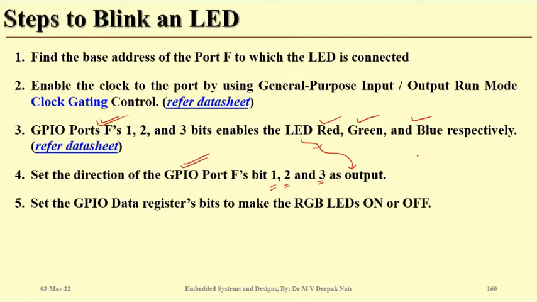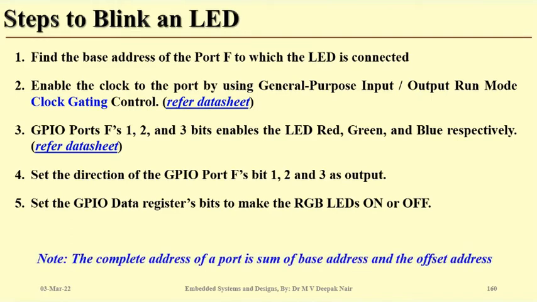So port F's D1, D2, and D3, you have to configure them as output. Then we make the LEDs on or off by using the data register, so that we can change whatever we want on that particular pin.